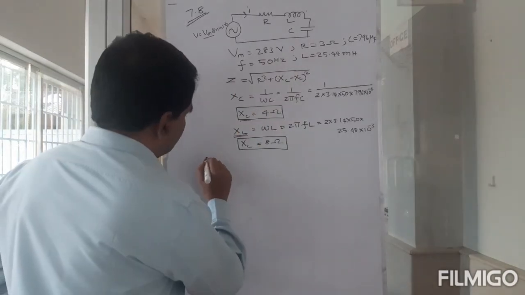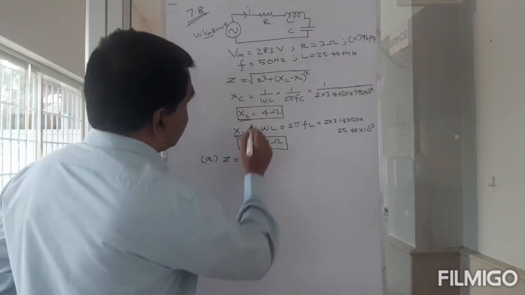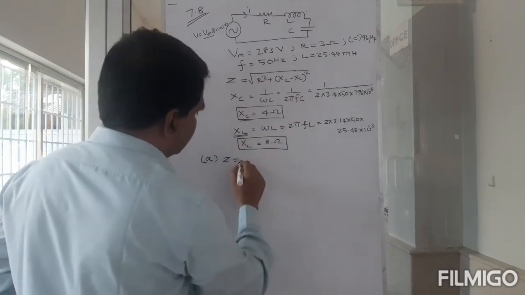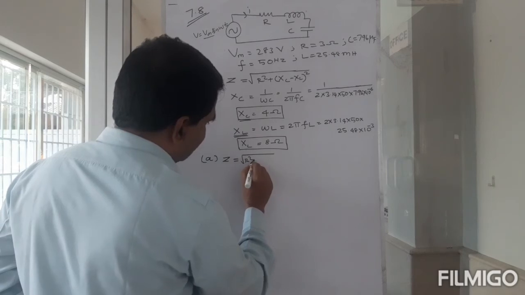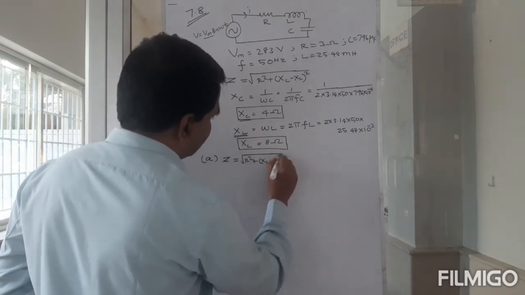So now impedance Z is given by this expression, square root of R squared plus XC minus XL the whole square.